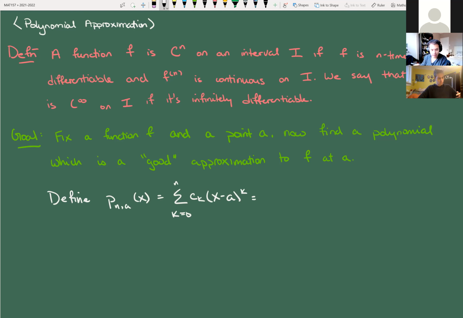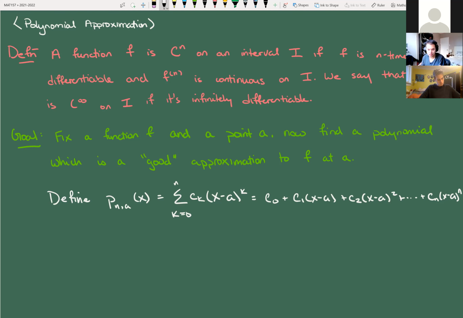And in case you're wondering what sigma notation means again, this is going to be c_0 plus c_1 (x minus a) plus c_2 (x minus a)^2 plus dot dot dot plus c_n (x minus a)^n.